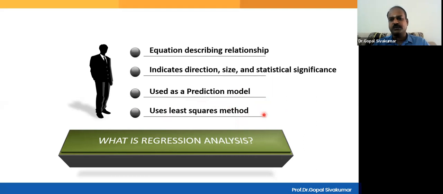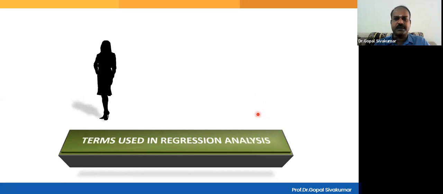And then the principle of least squares, because when we are framing the regression equation, we follow certain assumptions, right? One of the assumptions is that the deviation from the line should be minimum. That is called the principle of least squares. That also we'll see in the upcoming slides.